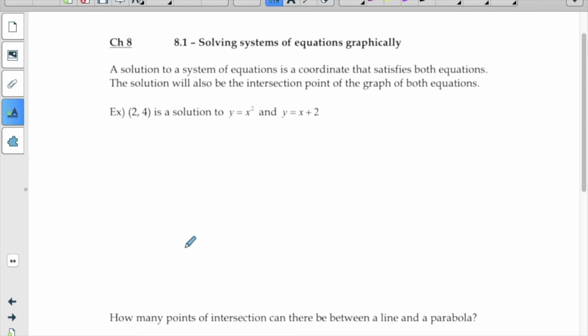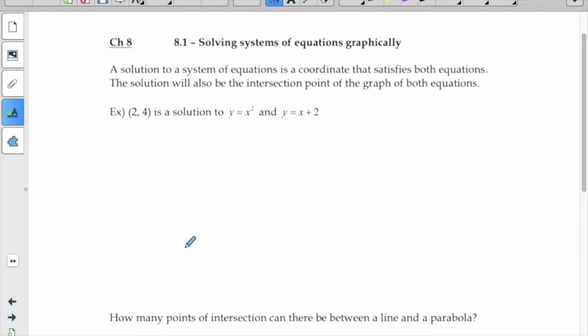And then secondly, what if instead of having a system of equations, we have a system of inequalities, right? So instead of equal signs there, we have a less than, greater than, less than or equal to, greater than or equal to. So that's the extra layer here. Okay? All right, so a solution to a system is a coordinate that satisfies both equations. Okay, it'll also be the intersection of both equations.